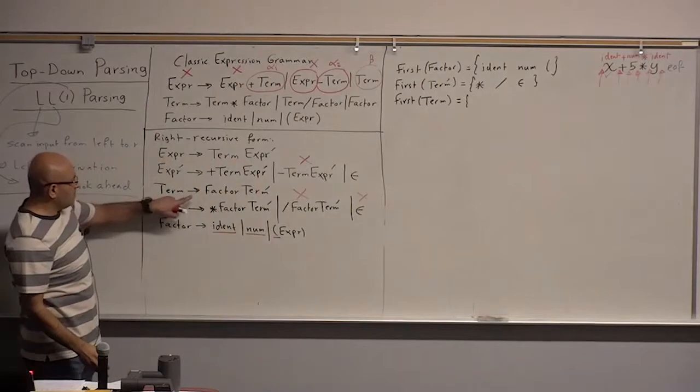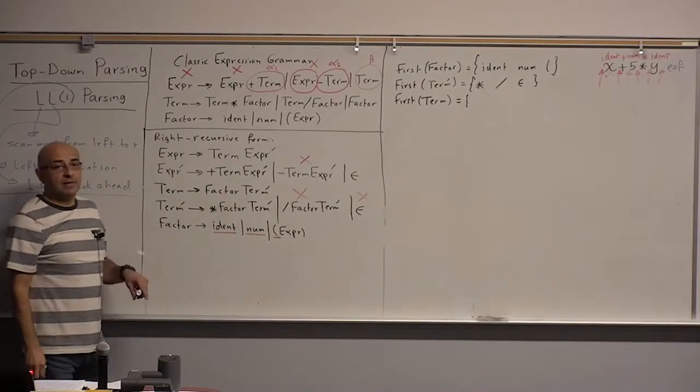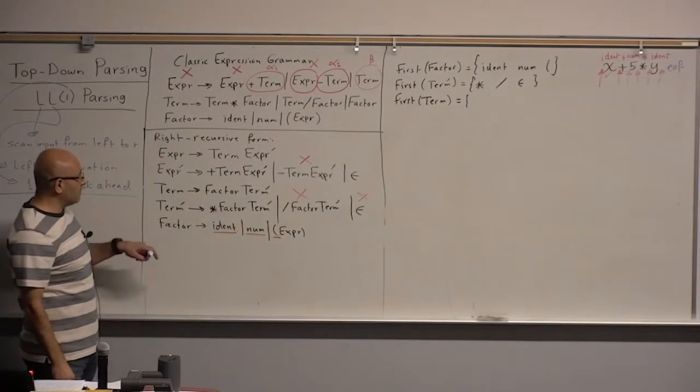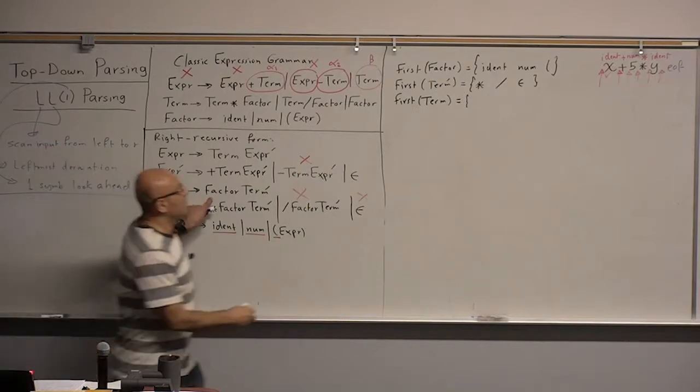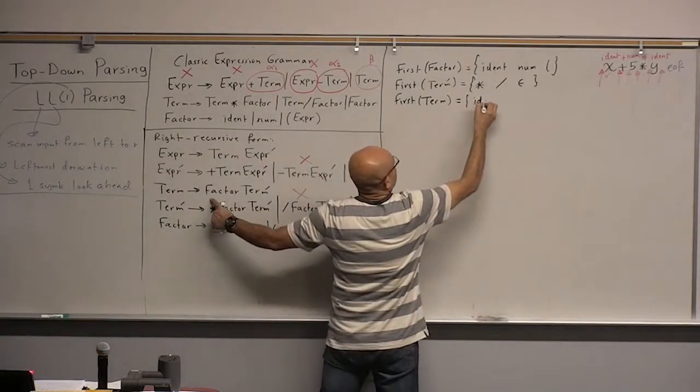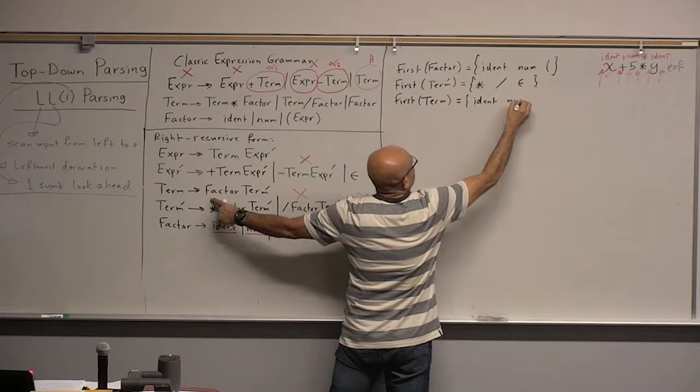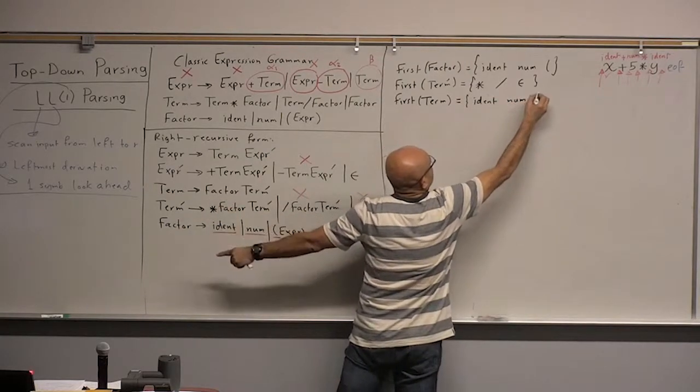Now the term is factor term prime. So the first of term is going to be the first of factor, which is identifier, number, and open parens.